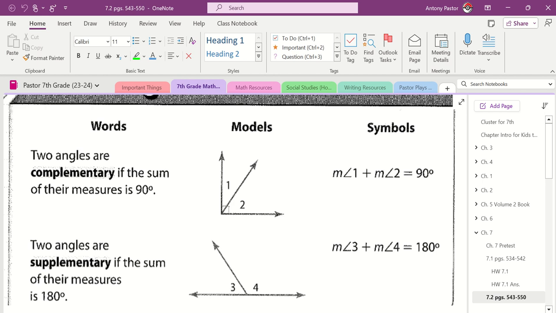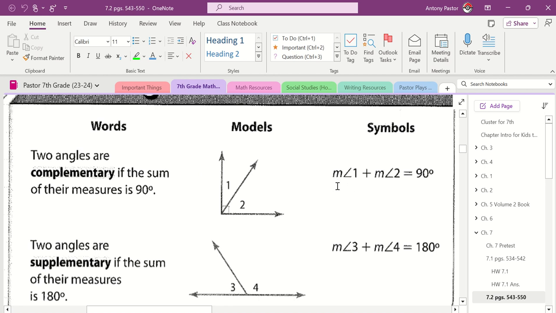If two angles are supplementary, then the sum of their measures is 180 degrees. So basically, they're complementary if they make 90 degrees, which is what kind of angle, ladies and gentlemen? Right angle. And they're supplementary if they add up to 180 degrees, which is known as a, ladies and gentlemen, straight angle. So you can add that into your notes.